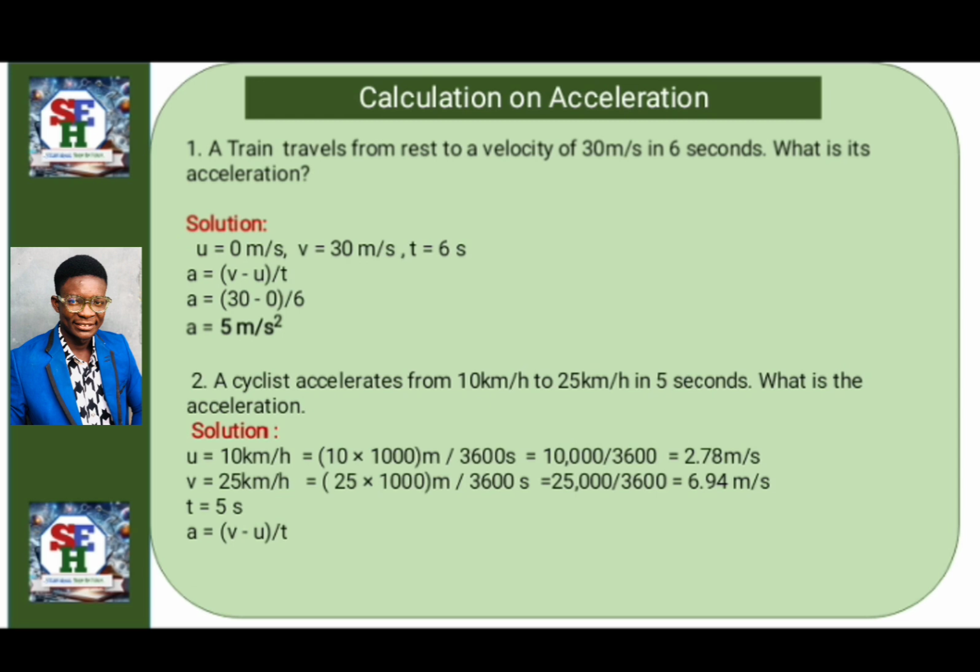So if we substitute all these values, we'll have a equals 6.94, which is the final velocity, minus 2.78, which is the initial velocity, divided by the time taken, which is 5. So 6.94 minus 2.78 will have a result of 4.16, and dividing it by 5 will give our final answer to be 0.83 meter per second square.